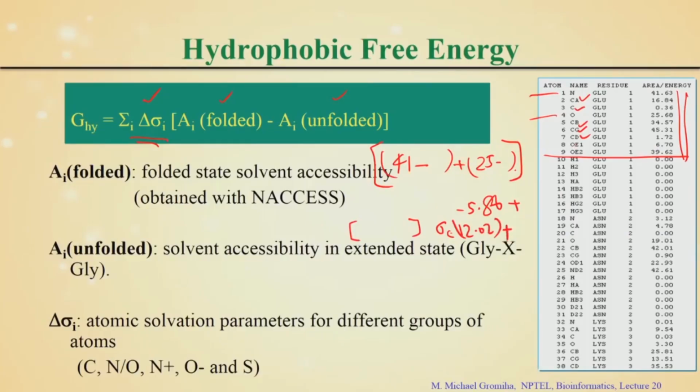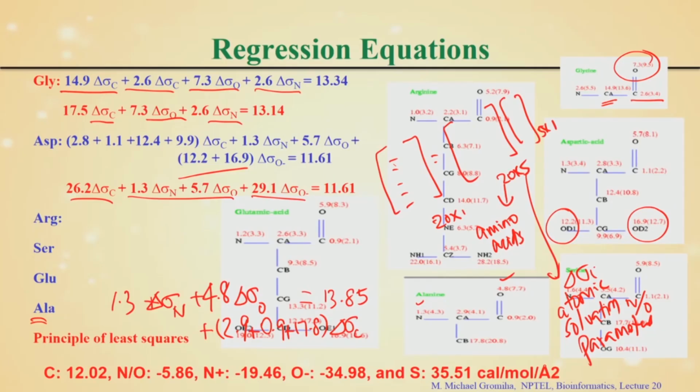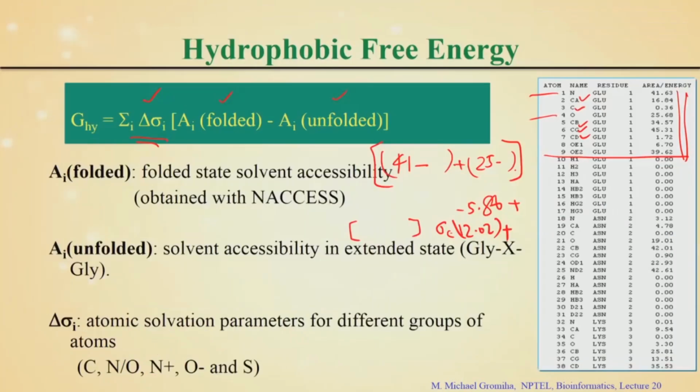Plus you can go for this O1 and O2. In this case the value is minus 34.98, and you can see the delta ASA of the O minus.